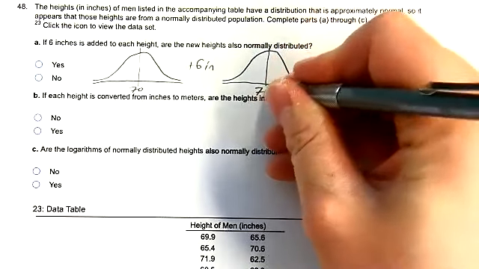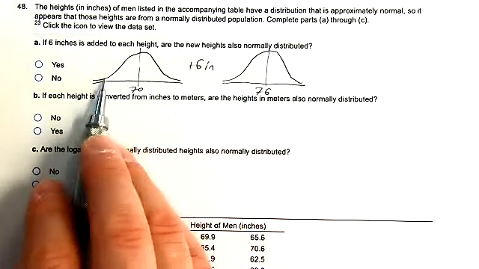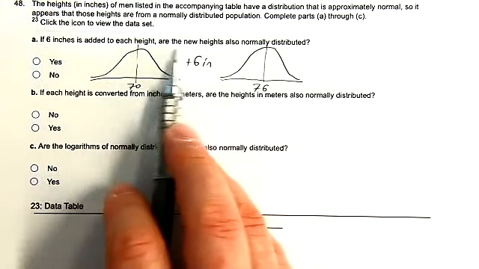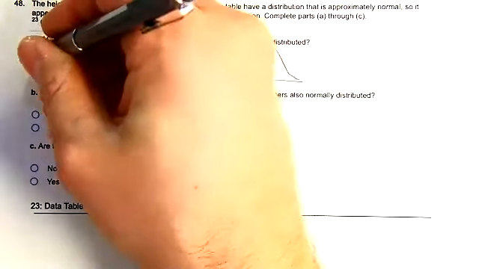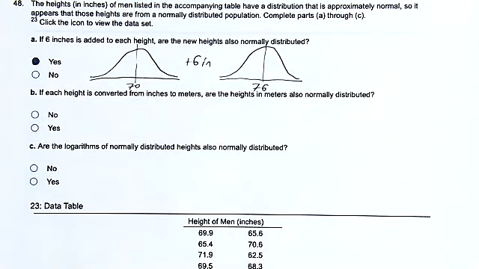So now it's going to be 76. Every point on here is going to shift over by 6, but they're still going to stay normally distributed. So if 6 inches is added to the height, are the new heights also normally distributed? The answer is yes. Adding numbers, as long as you do it to every single data value in the list, will not change the shape of the distribution.